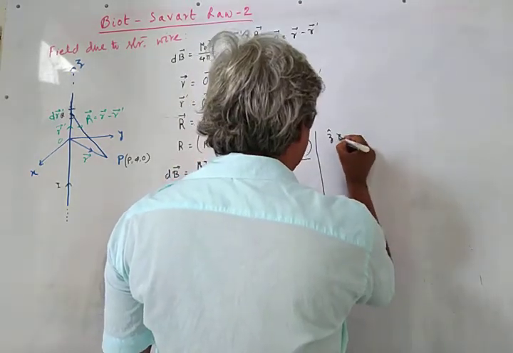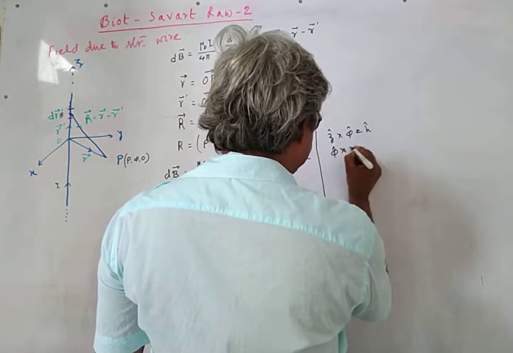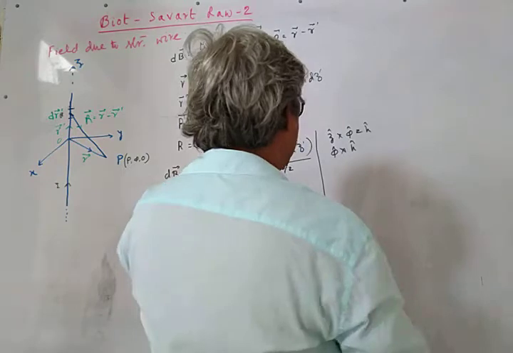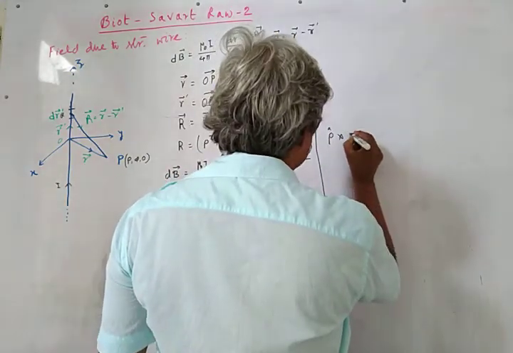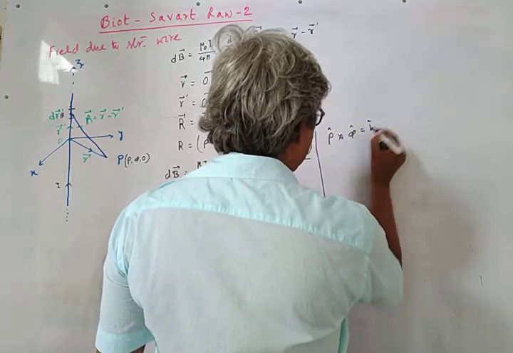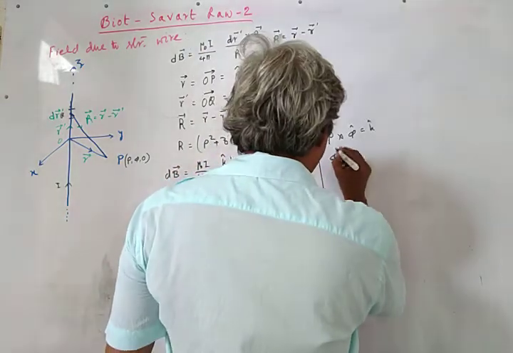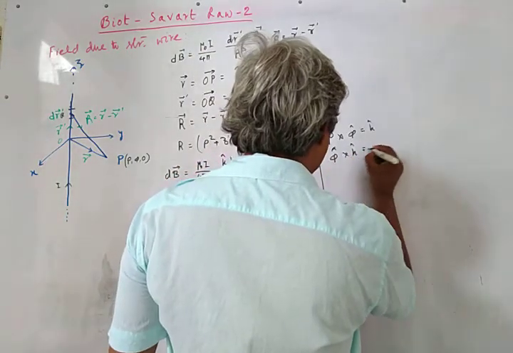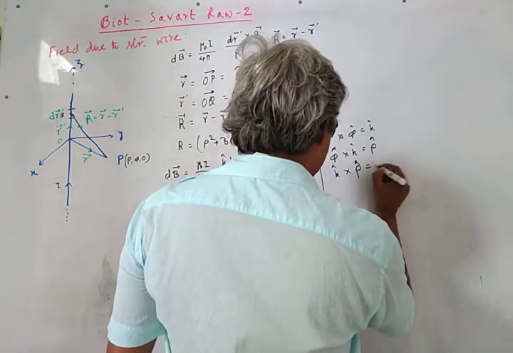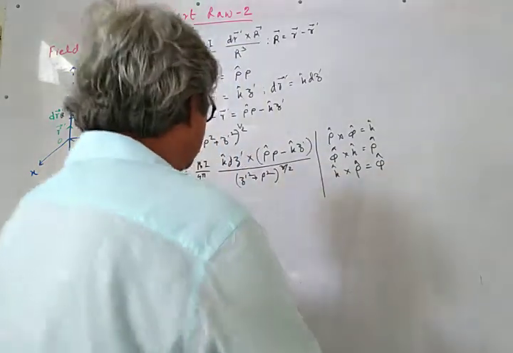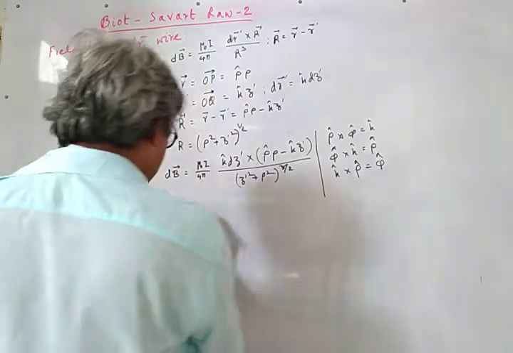That means rho cross phi is equal to k, phi cross k is equal to rho cap, and k cap cross rho cap is equal to phi cap. So this is k cross rho, and k cross rho is phi cap.